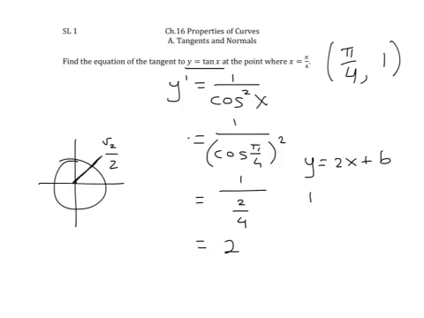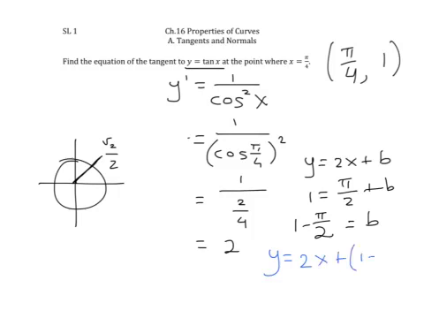So 1 is equal to 2 times pi over 4, that's pi over 2, plus b, and b is equal to 1 minus pi over 2. You can leave your b in terms of this. So finally we have y equals 2x plus 1 minus pi over 2. That's the equation of the tangent when x is equal to pi over 4.